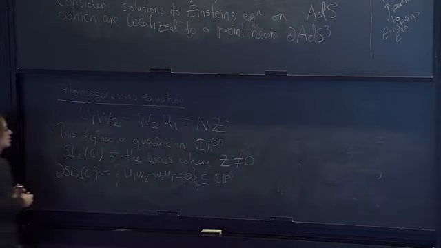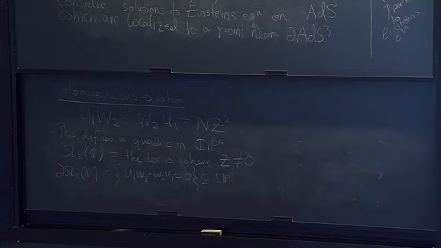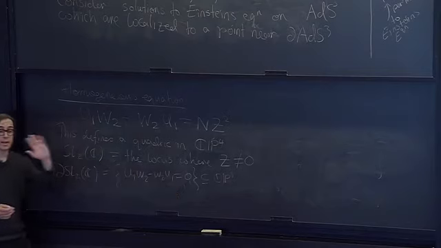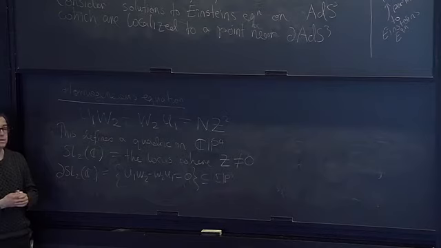Now, maybe, I don't know if everybody knows this, but we're taking a four-dimensional complex vector space with an inner product. This is the collection of light-like rays, in four-dimensional complex space.